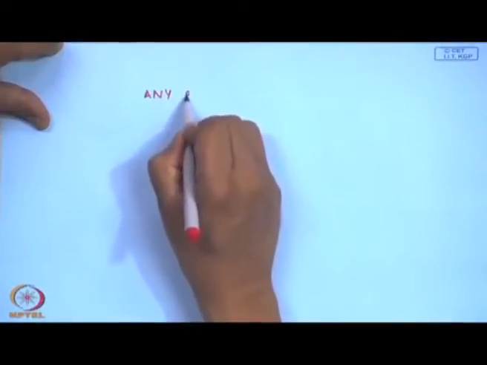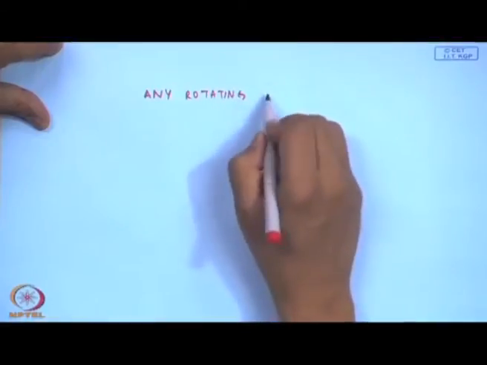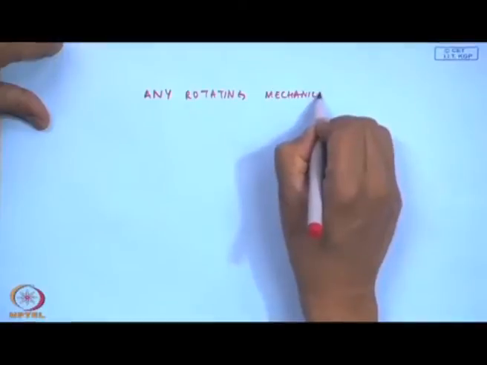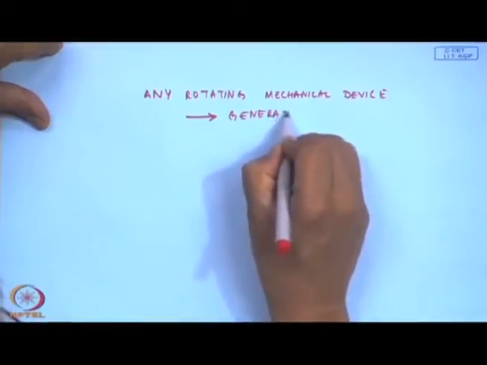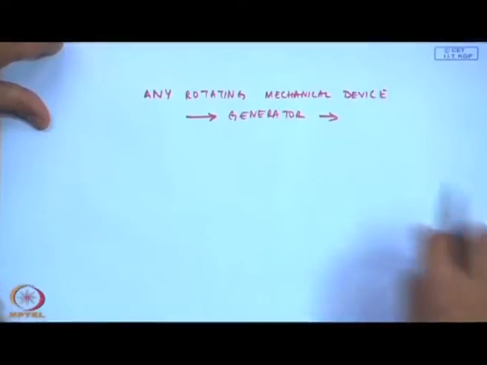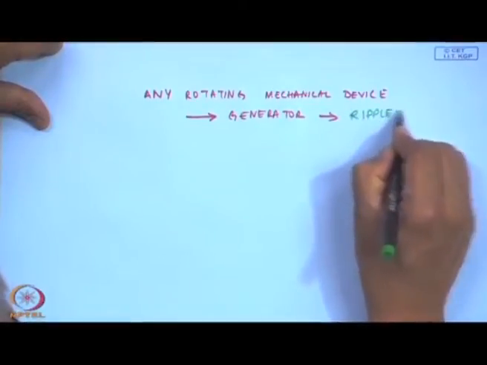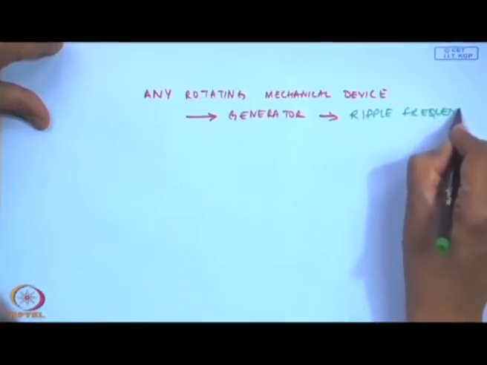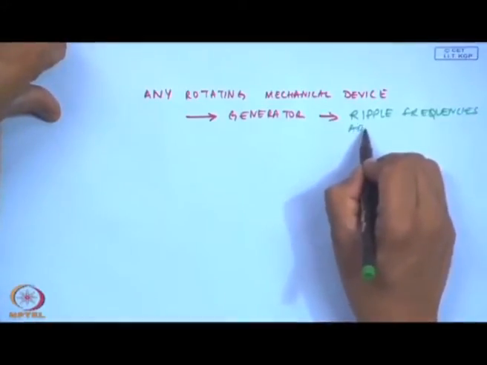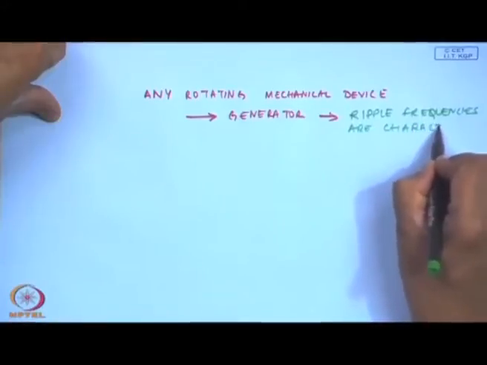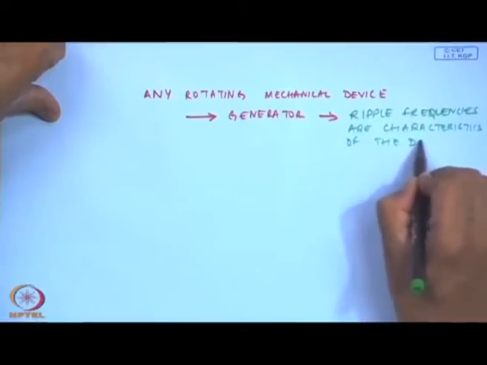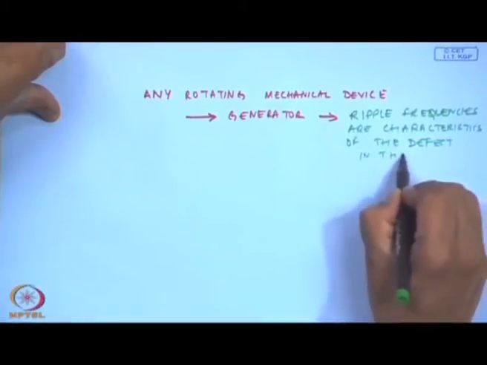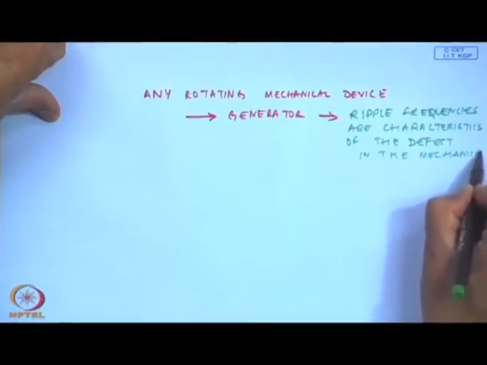So, any rotating mechanical device, if it is coupled with a generator, the ripple frequencies are characteristics of the defect in the mechanical device.